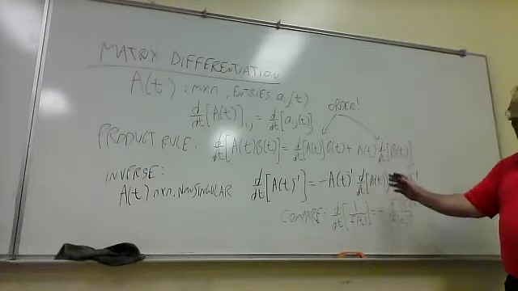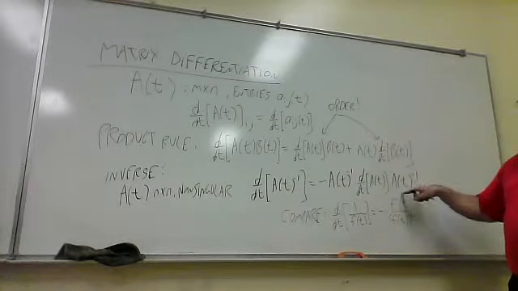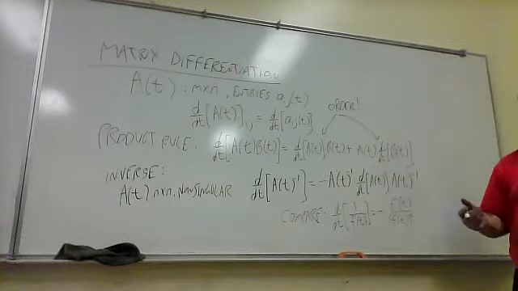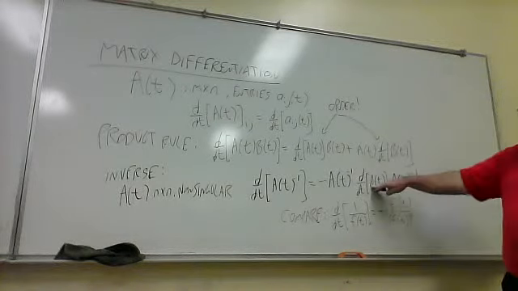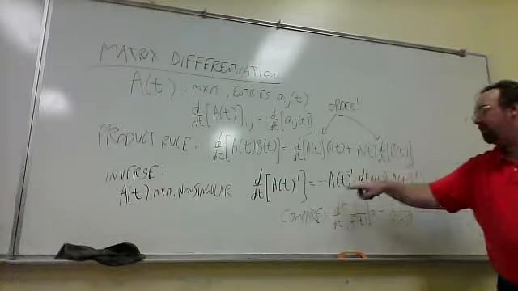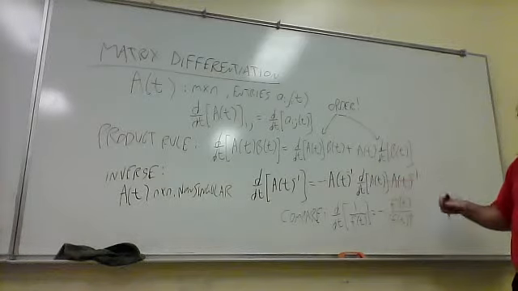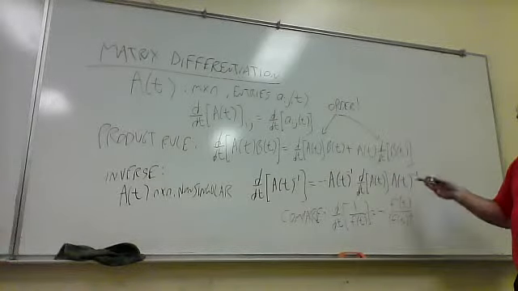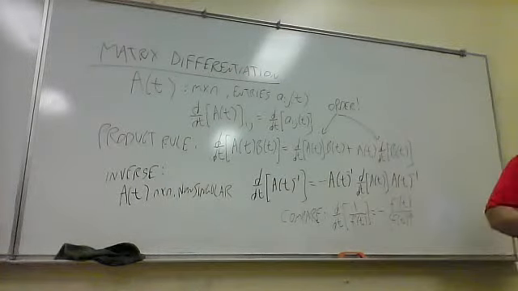Well, this rule is consistent with this because we have A of t inverse twice. So you can think of it as being like 1 over A of t, if I'm being loose with my terminology. Then you have a derivative in the numerator, as it were, and then you have a minus. So again, it's like a generalization of it. But again, you have to be careful about the order of multiplication.